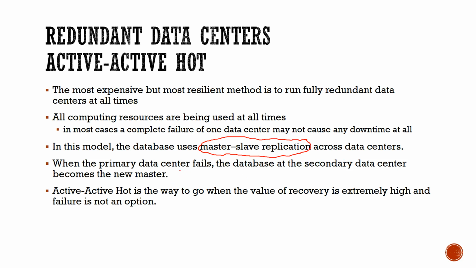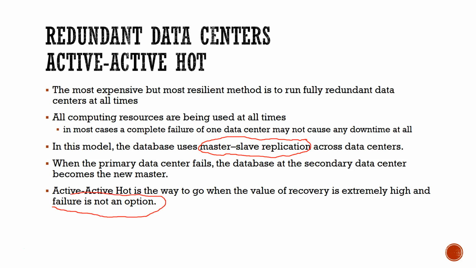Once the primary system comes back up, you can switch them back. And so you can use replication to make sure you have two duplicate sets of data at any given time. Active, hot. If you cannot stand any downtime whatsoever, and failure is not an option, then active, hot is your solution.